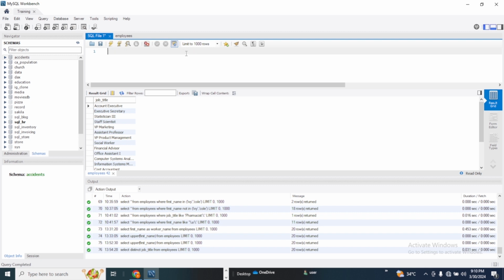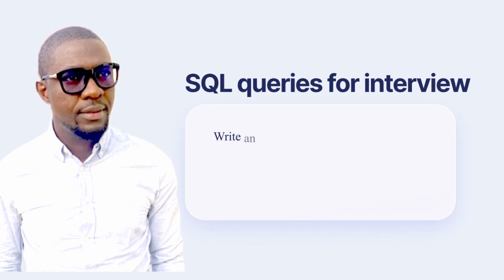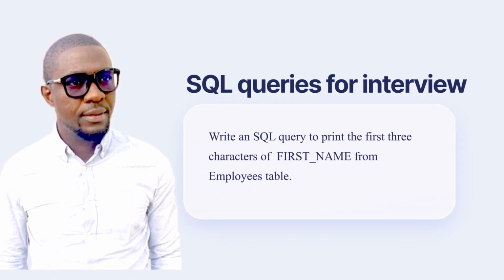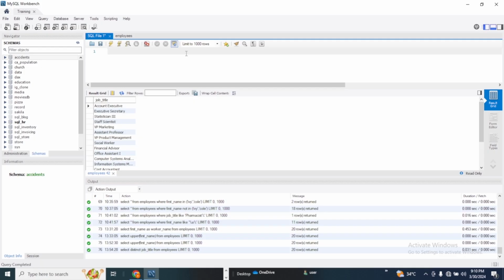So number 4 question. Write an SQL query to print the first 3 characters of first name from the employee table. In this, we are going to use the substring function to extract a substring from a string.